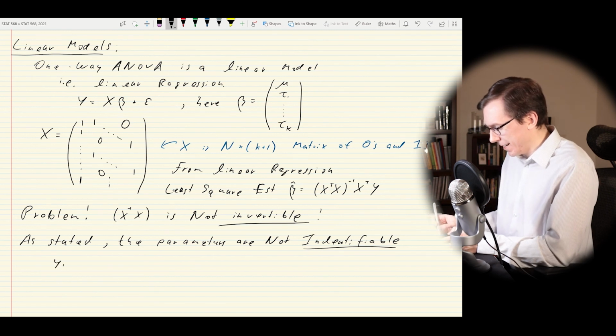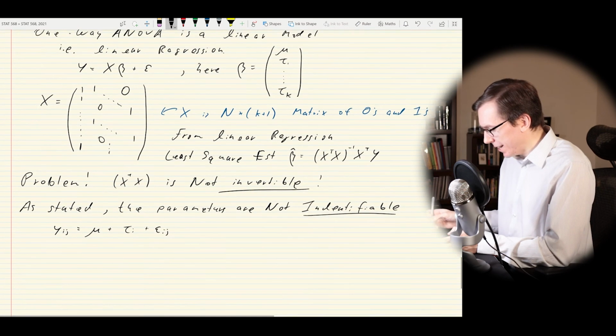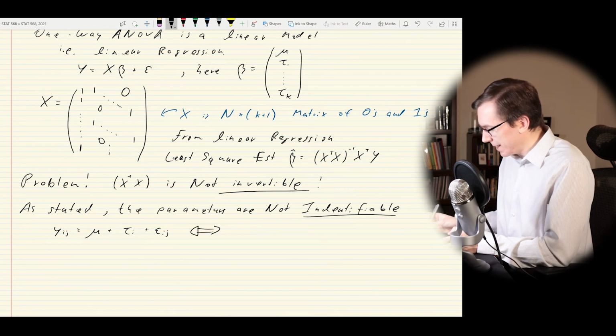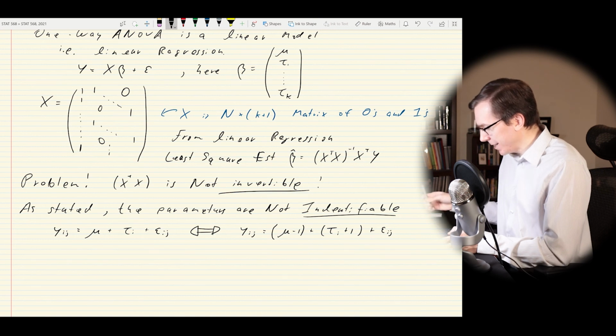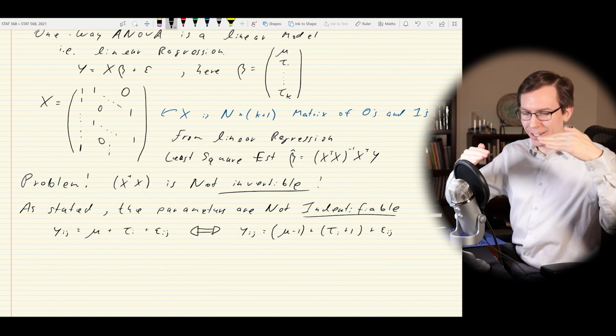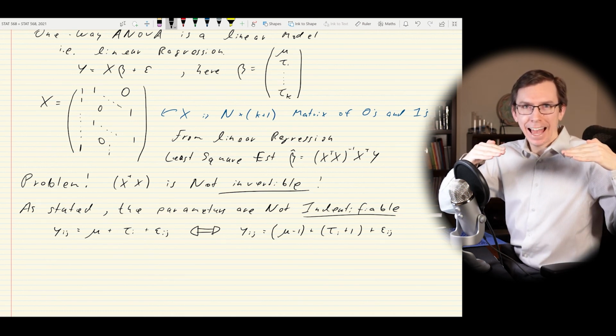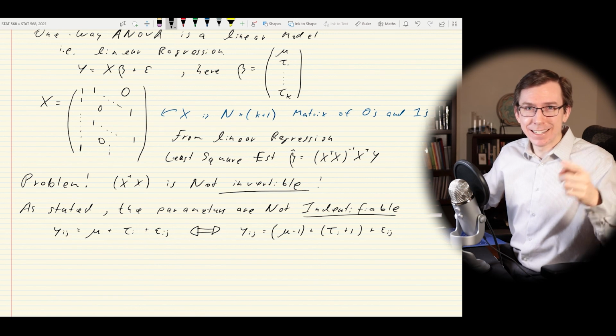Well, that means that if I have an equation like y_ij is going to be some global mean mu plus tau_i plus epsilon_ij, that's equivalent to writing y_ij equals (mu minus 1) plus (tau_i plus 1) plus epsilon_ij. So the idea is that I can't estimate all of these terms because I could always just subtract one from the mean and add one to all of the treatment effects, and it would give me the exact same thing.